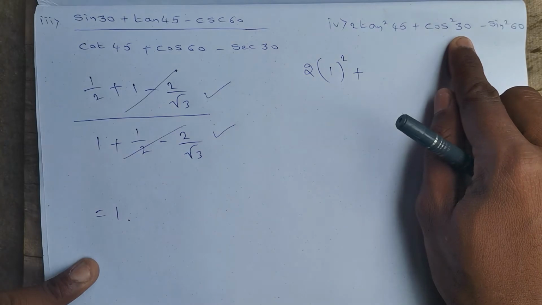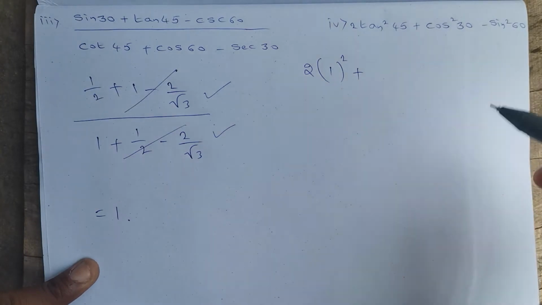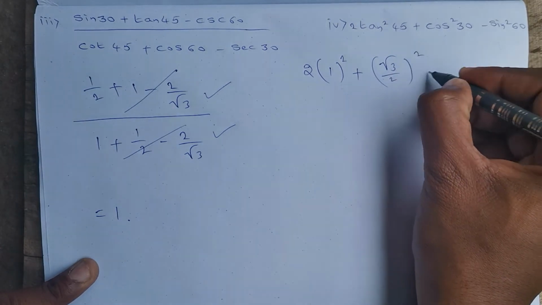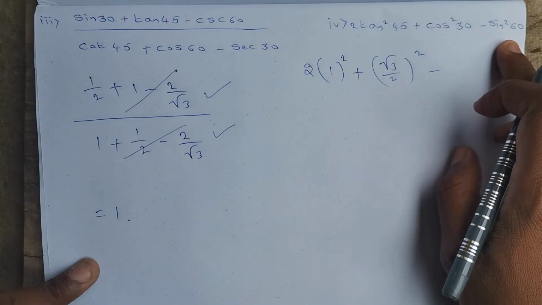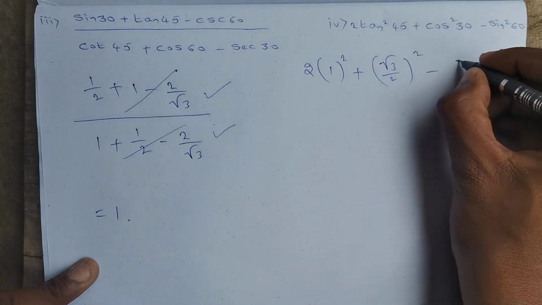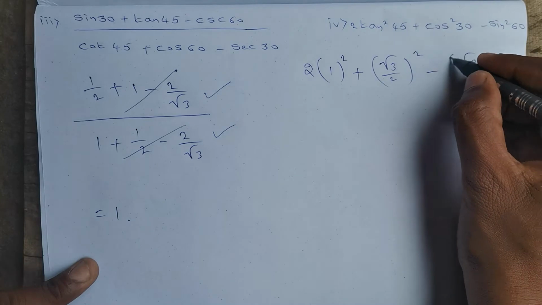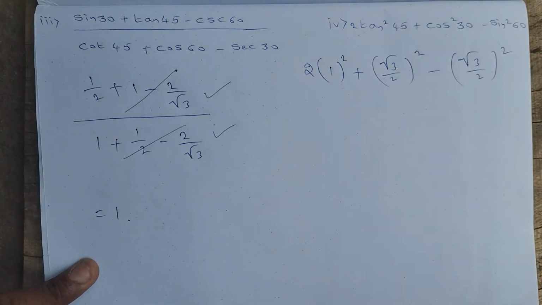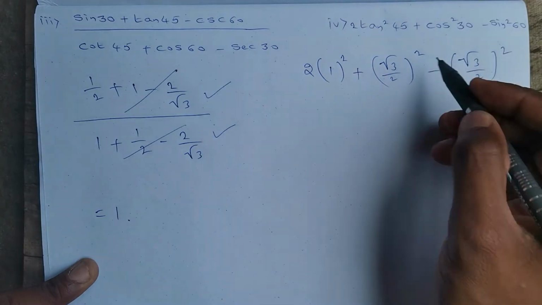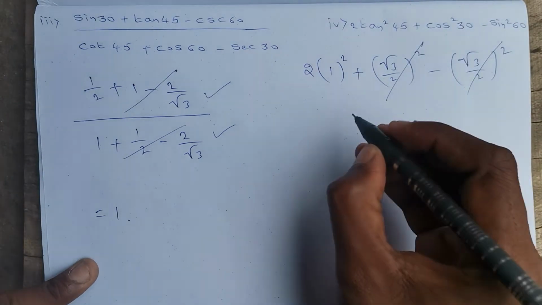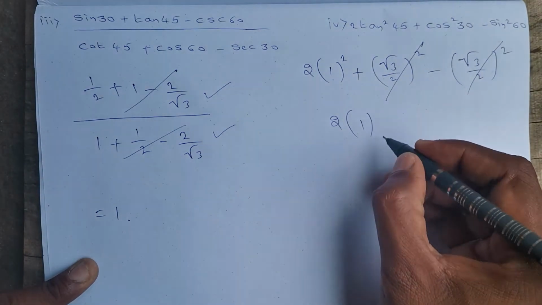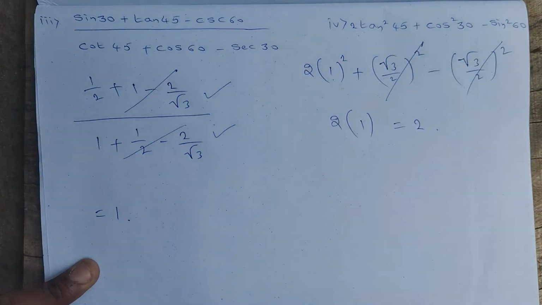Cos square 30 is nothing but cos 30 whole square, that is root 3 by 2 whole square, minus sine square 60. Sine 60 value square. Sine 60 is root 3 by 2 whole square. If you observe here, plus root 3 by 2 whole square minus root 3 by 2 whole square. These two terms will get cancelled to each other. So we will remain with 2 of 1 square is 1. So 2 into 1, 2.